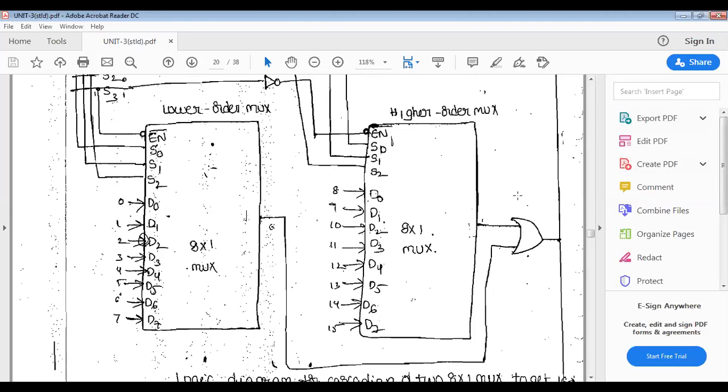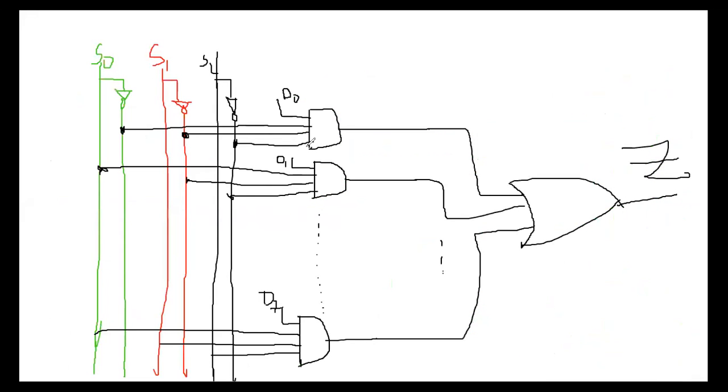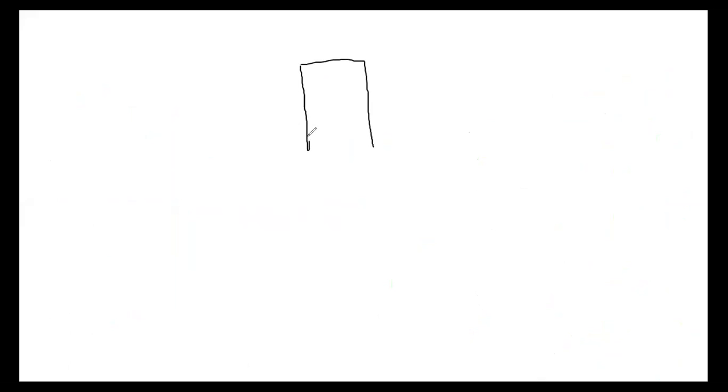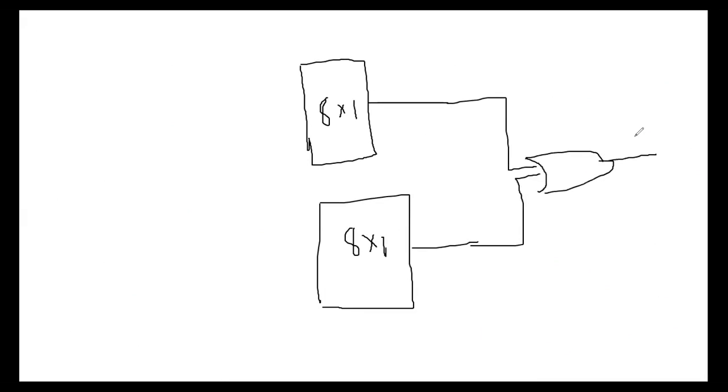Understood, my dear students? Otherwise, I will draw it in a simple way. See, an 8 by 1 MUX here, and another 8 by 1 MUX I am taking here. The two outputs are combined with an OR gate, and Z is the output.